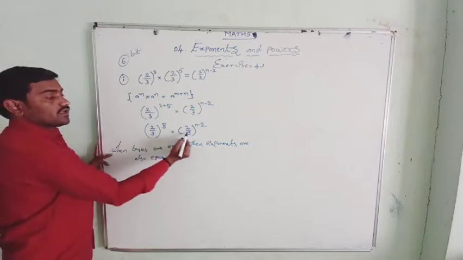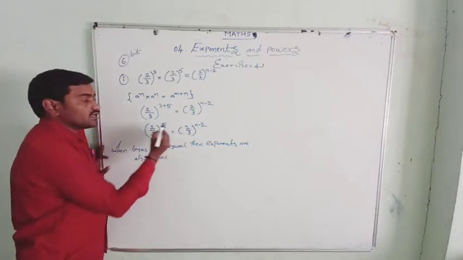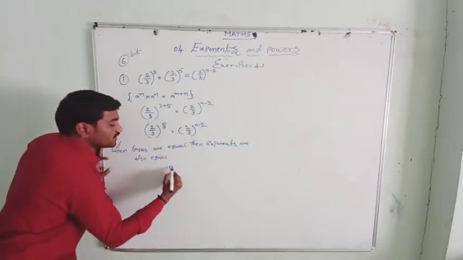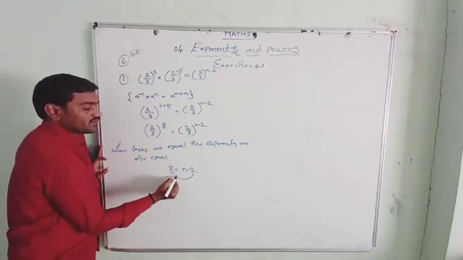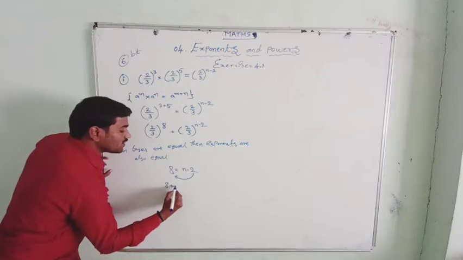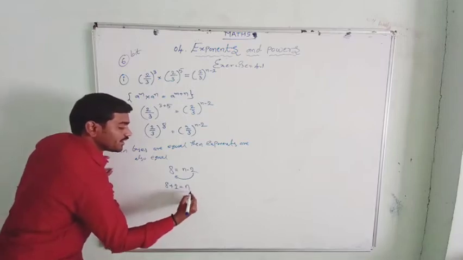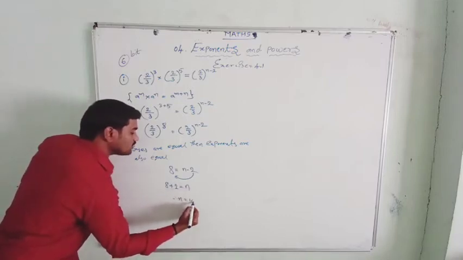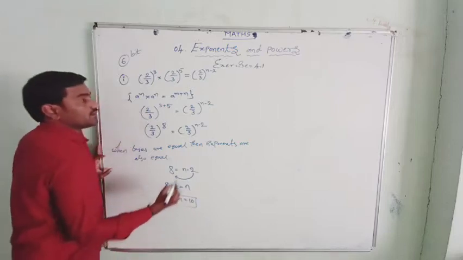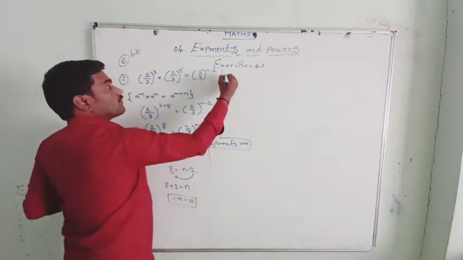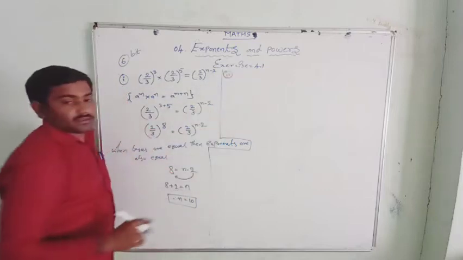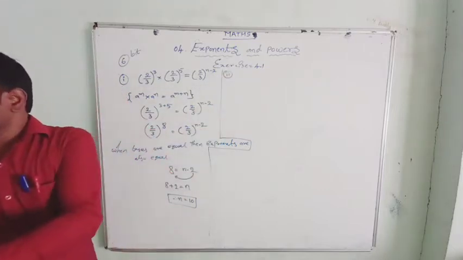Here bases are equal on both sides, LHS side and RHS side. So exponents also will be equal. Then 8 equal to n minus 2. We need the n value, so minus 2 will transfer to this side. So 8 plus 2 becomes n. Therefore n value equal to 10 in the case number first. So we go for the second question in this sixth bit.